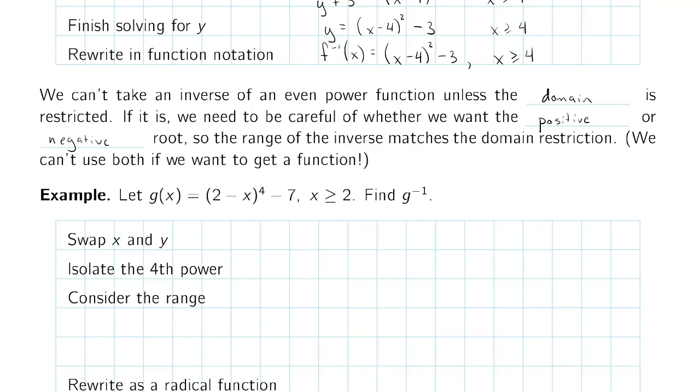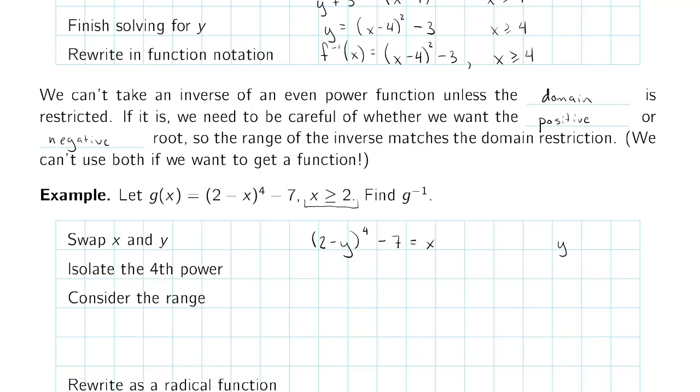g of x is 2 minus x all to the 4th power minus 7, with the domain restriction x is greater than or equal to 2. So when we swap x and y, we'll have 2 minus y to the 4th power minus 7 equals x.